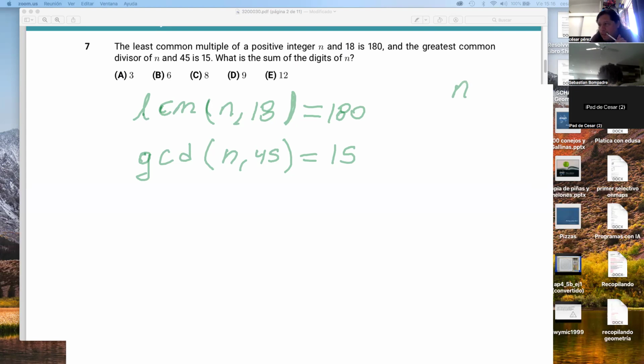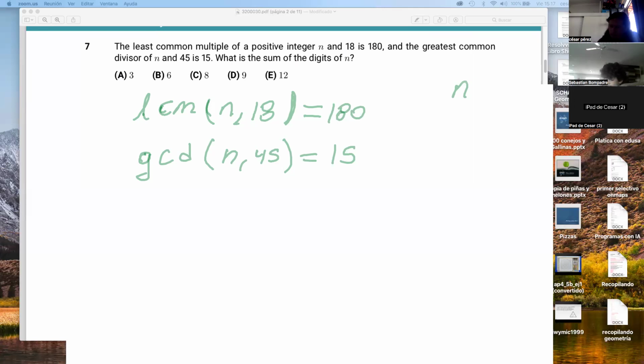It isn't 5 because the greatest common divisor, which must be smaller than the number, is 15. So it's above 15. It isn't 20 because 20 is not divisible by 15.